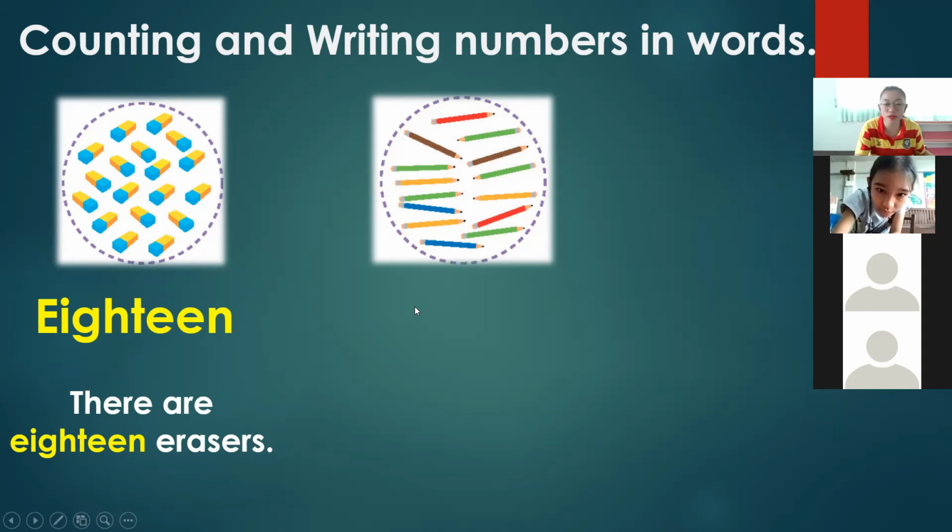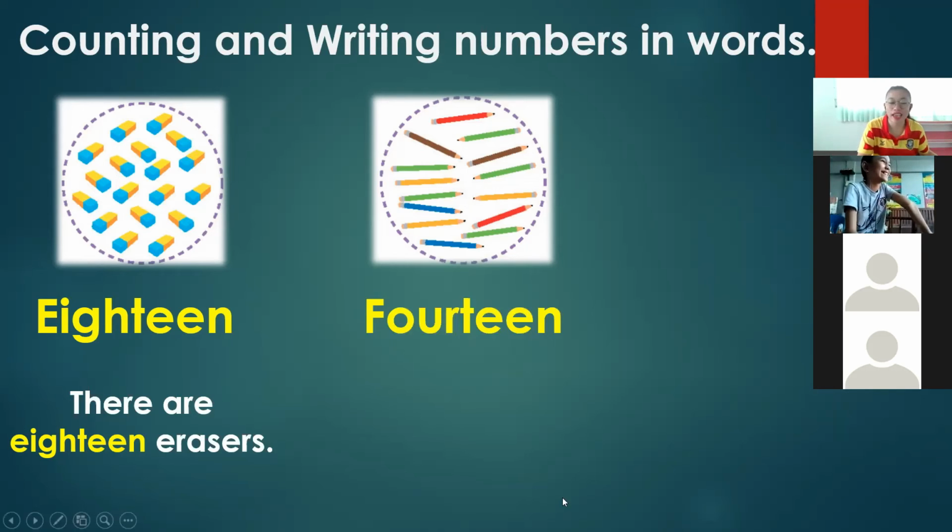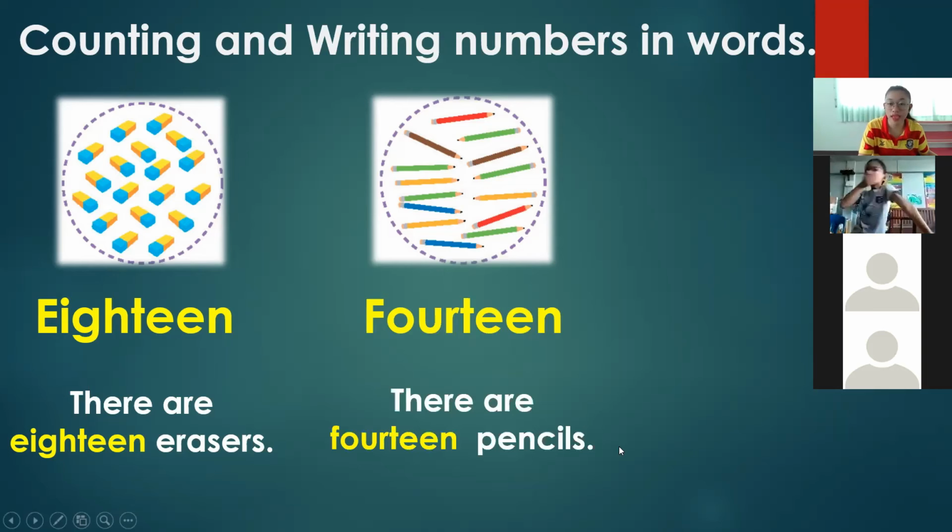Very good. How do you spell 14? FOURTEEN. Okay, very good. So let's make a sentence. There are 14 pencils. Okay.